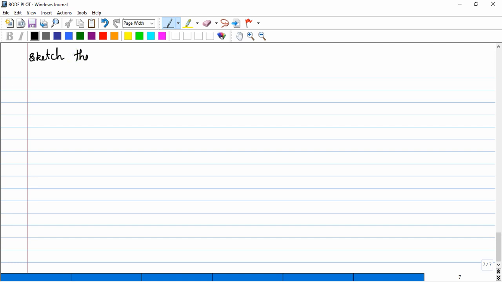Sketch the Bode plot of the transfer function that is equal to 10 by s into s plus 1 and s plus 5. Okay, now this is the given problem.